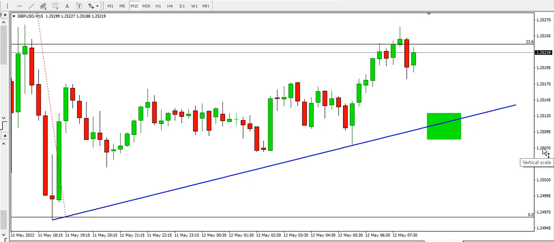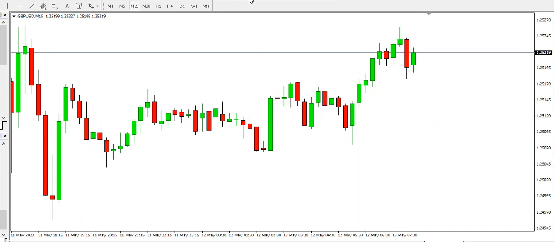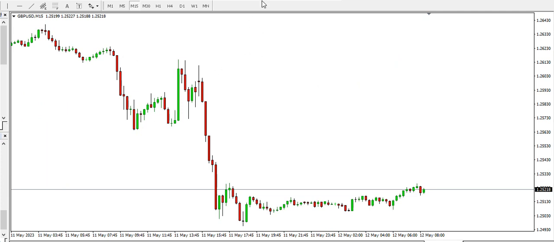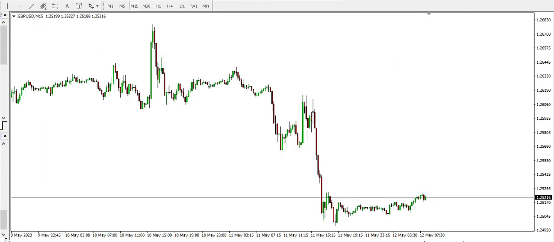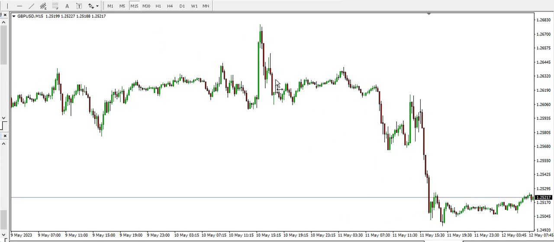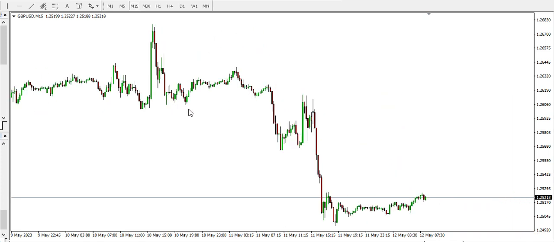So if the 1.25 area is broken to the downside, we might see continuation of this newly formed bearish trend, where we have this high, this low, lower high, lower low, lower high, lower low. We are currently about seeing a lower high before we see a lower low, but it's obvious price will dip before it goes back up.